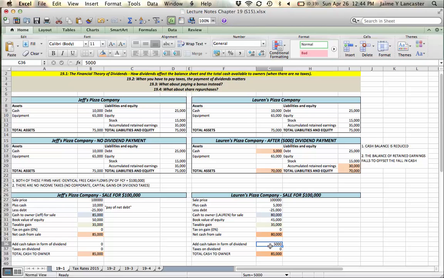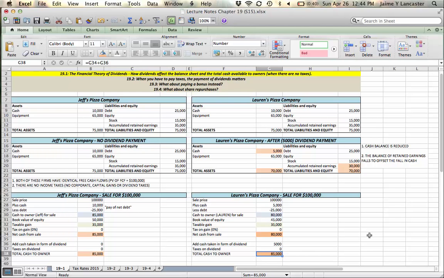So what's the point? Why are we doing this? Why do we care? We care because we're trying to show that in the absence of taxes, the value of your business and how much you can pull out of it isn't going to change if you choose to pay dividends to your owners, or if you decide that you want to keep the money in the firm.